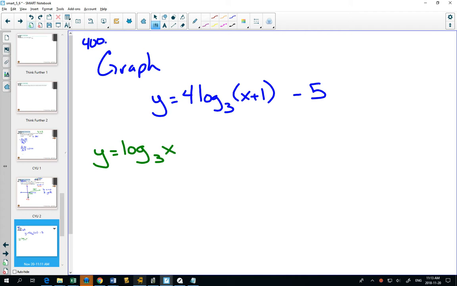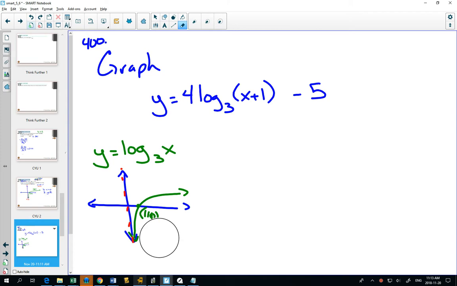And again, you want to be able to quickly sketch your base graph of a log with 2 points, (1, 0), and with a base 3 you'd have (3, 1).